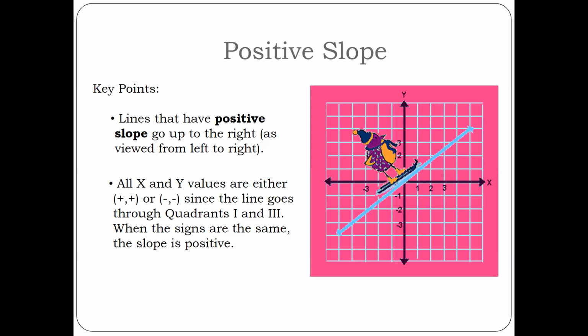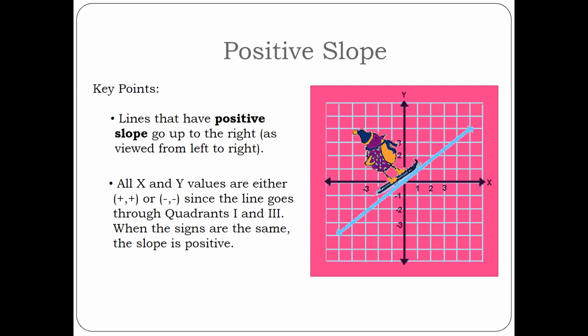And the thing I want you to get used to, when you see one of these graphs, positive slope goes up to the right. I don't care what's going on down below the x-axis.